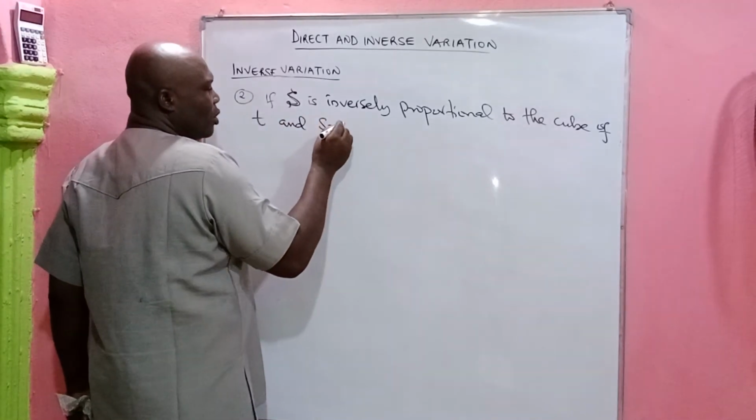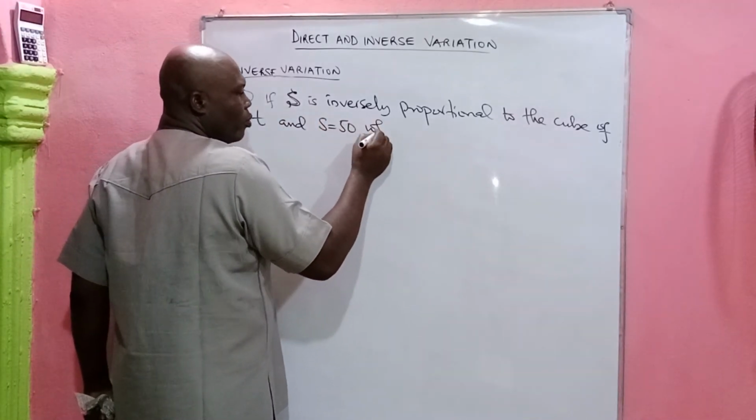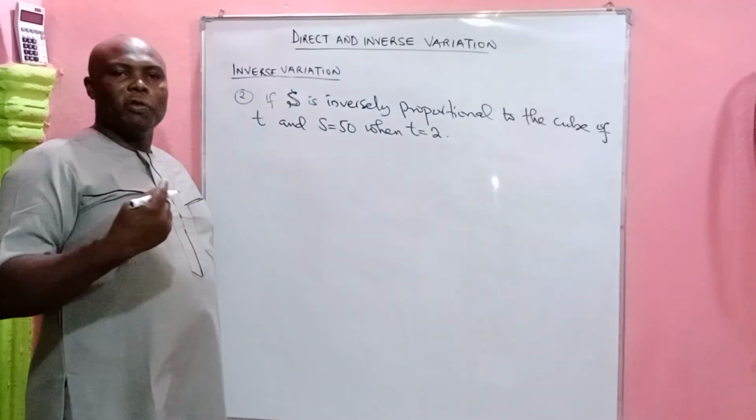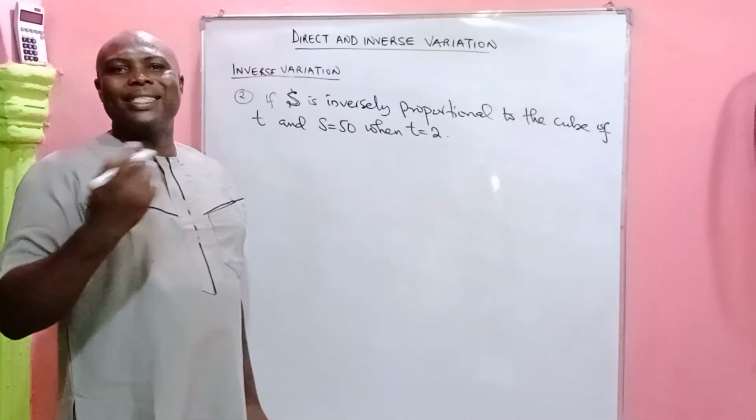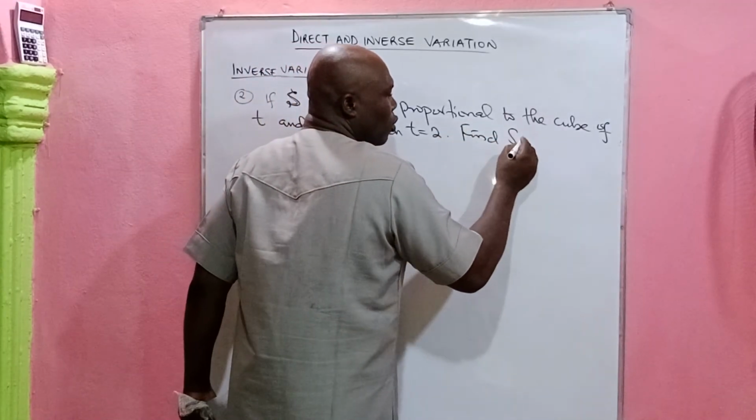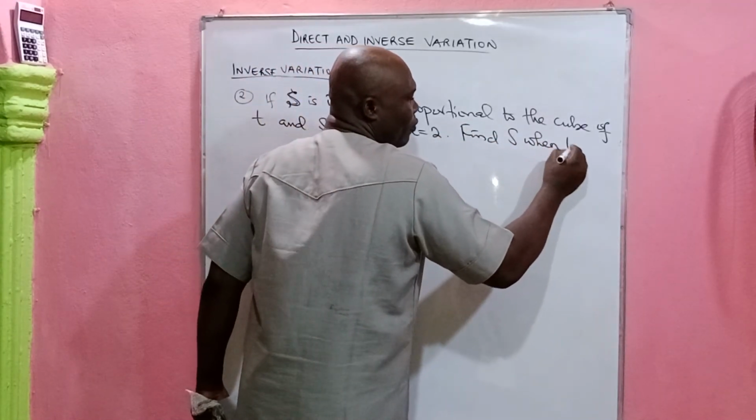S is equal to 50 when t is equal to 2. All right, so we should find S when t is 5. So find S when t is 5.